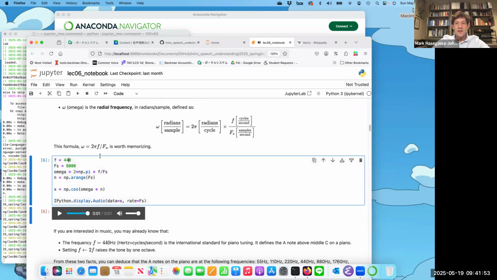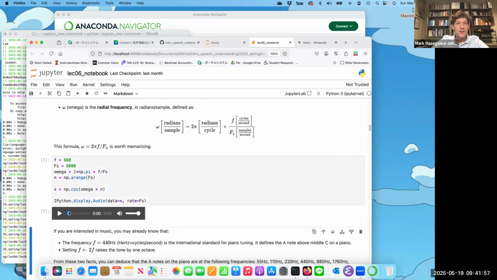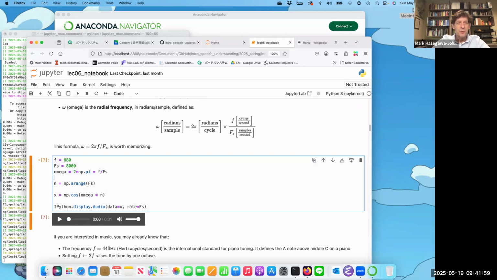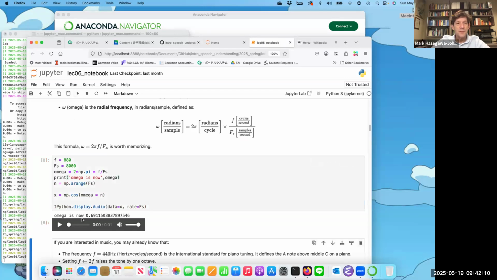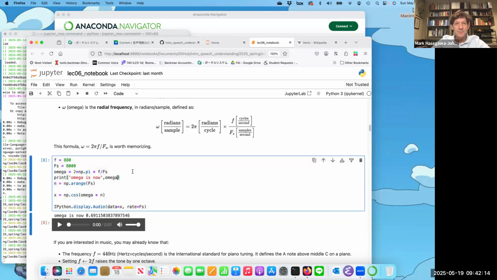If we want to, we could increase the frequency to 880 hertz. And then let's print what omega is. So omega is now 0.69 radians per sample.